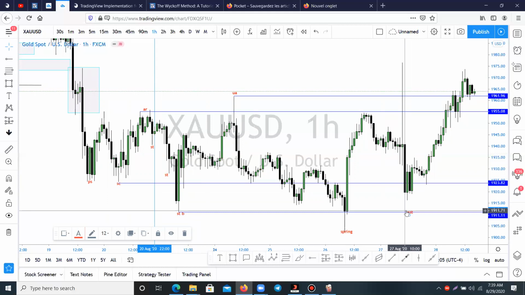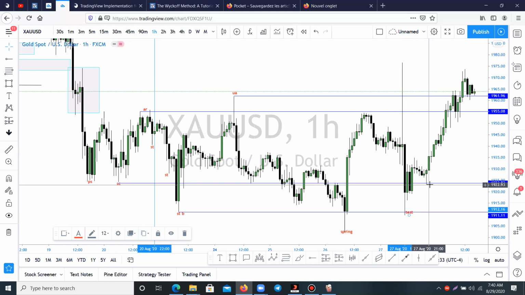This is our test. What else, guys, do you see? I see a small rejection pin bar at the SC horizontal line.